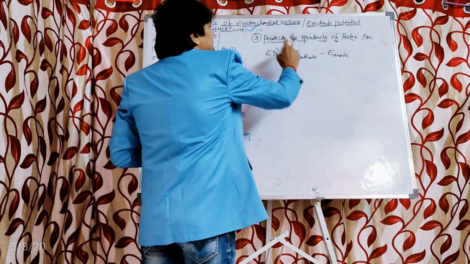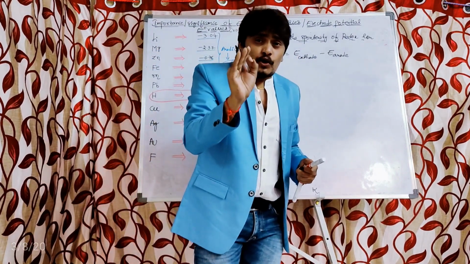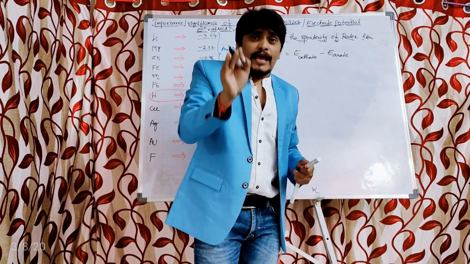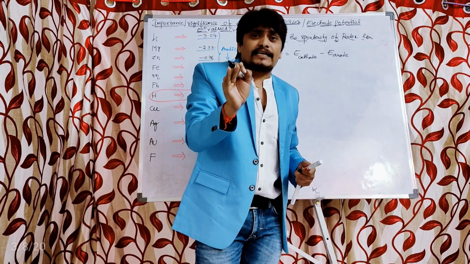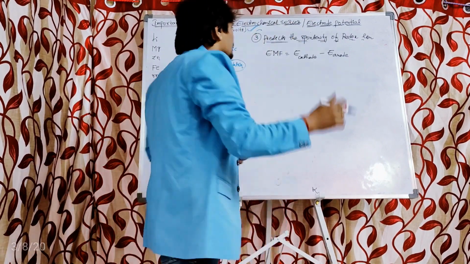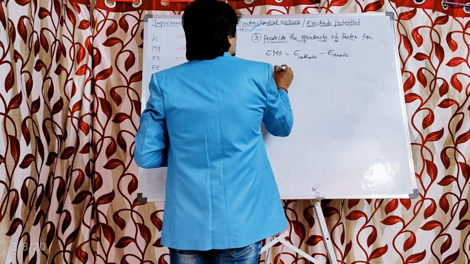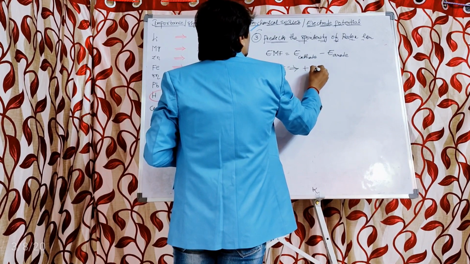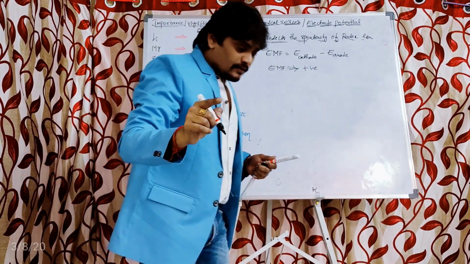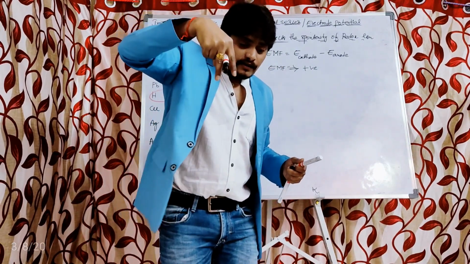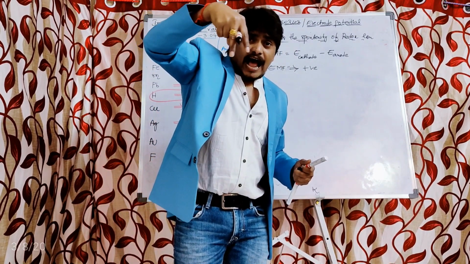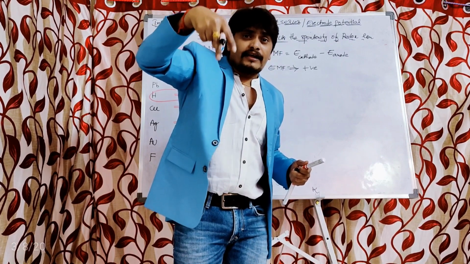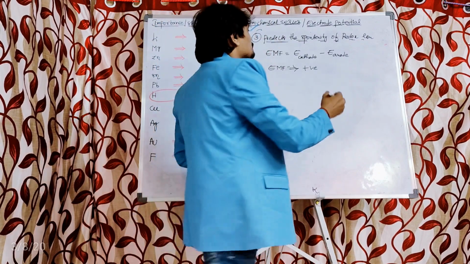Now what is E cathode? E cathode is the electrode potential of the electrode which is acting as cathode, minus the electrode potential of the electrode which is acting as anode. That is nothing but EMF. If the EMF value of the two electrodes is positive, then we can say that the redox reaction occurring between the two electrodes in the electrochemical cell is spontaneous.